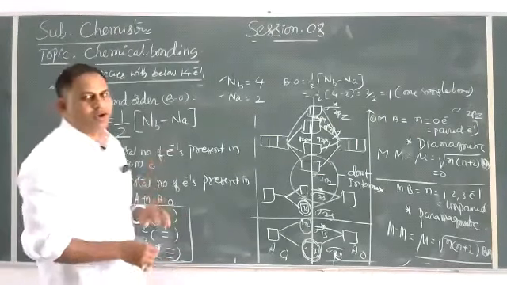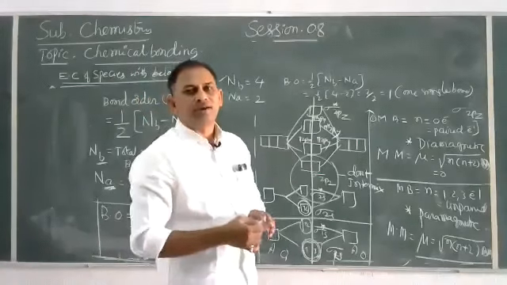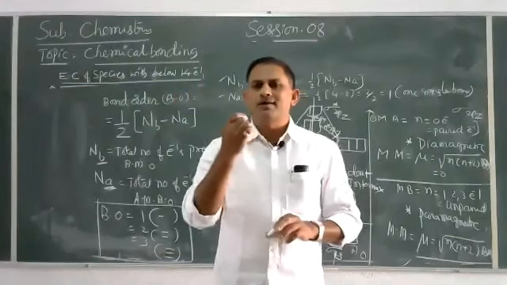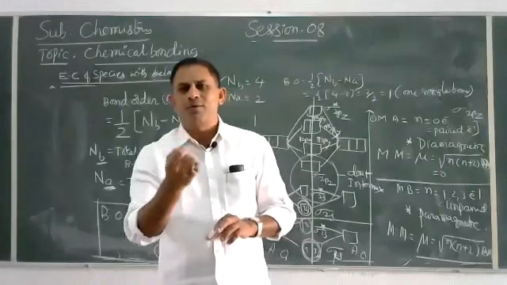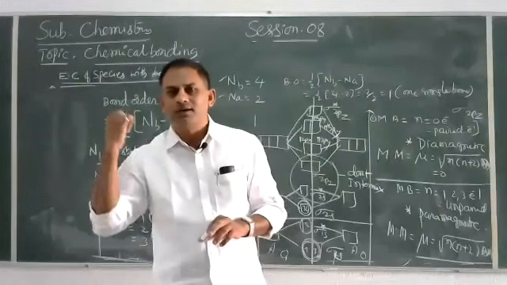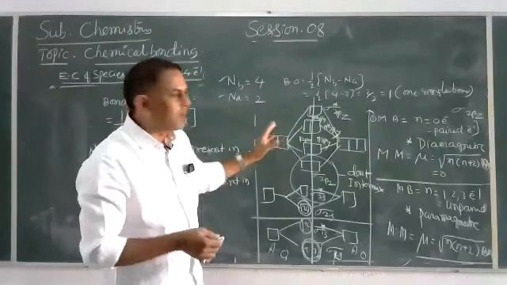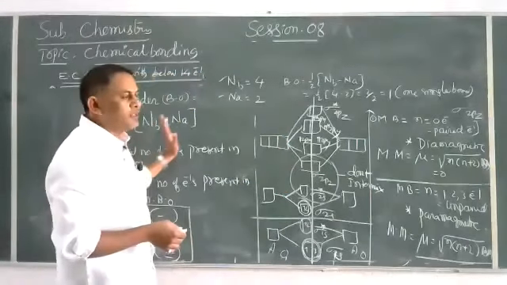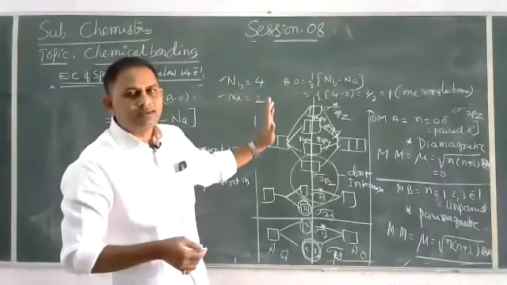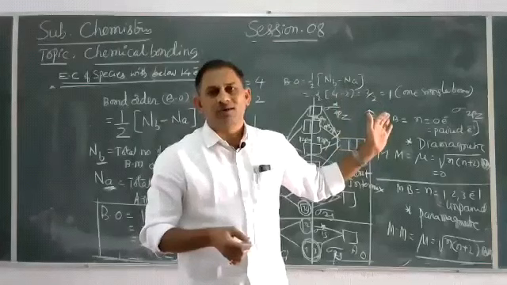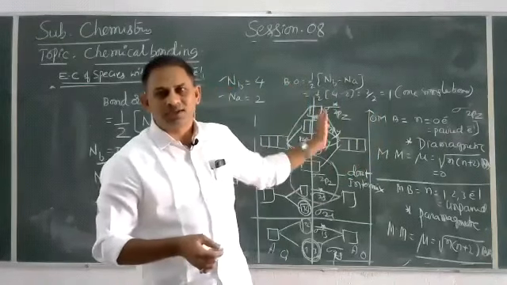Based on this bond order, tomorrow I'll discuss some important applications, and I'll give a very, very important trick, the last important point based on bond order: without any diagrams, how to calculate bond order. On the basis of bond order, we estimate bond length or stability, which is more stable, less stable, or unstable. You can expect one question guaranteed.